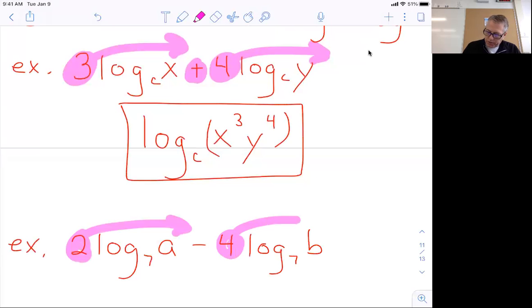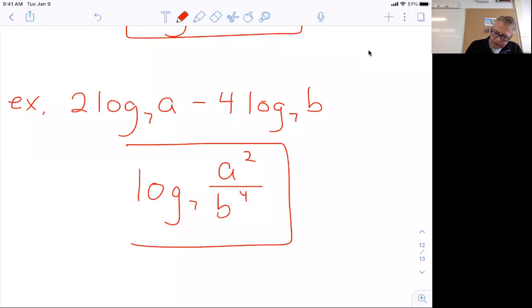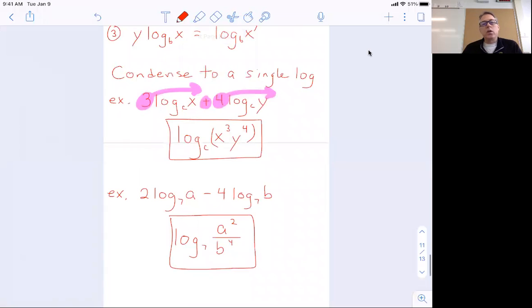The 4 is going to become an exponent there. And the subtraction is going to make this division. So when I write this as a single log, this would be log base 7 of A squared divided by B to the fourth. That is our answer as a single log: log base 7 of A squared divided by B to the fourth.